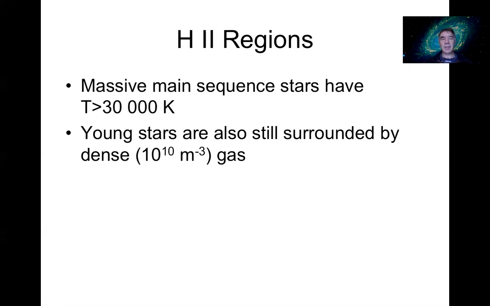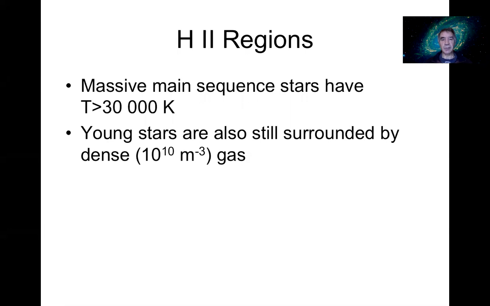To make these regions of ionized hydrogen visible in the interstellar medium, you need quite a bit denser gas than the typical interstellar medium density. Very young, massive main sequence stars will naturally still be surrounded by very dense gas, because being young means they've only recently formed out of a cloud of interstellar gas.